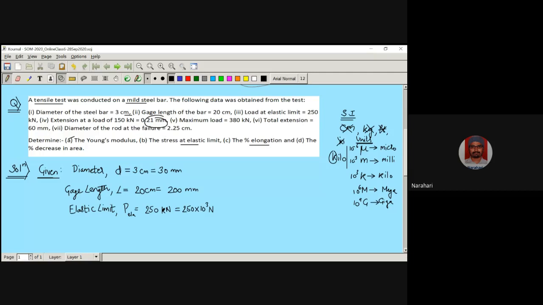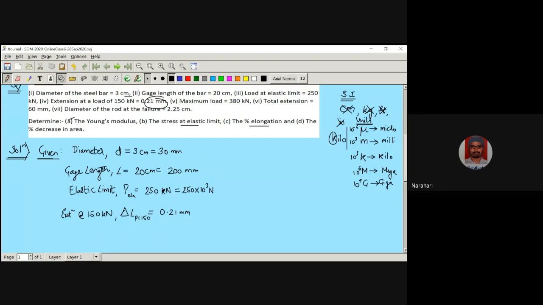Then elastic limit load is done. Then you have extension. So extension at 150 kilonewton, you can denote by delta L at P equals 150 kilonewton, which is 0.21 mm.